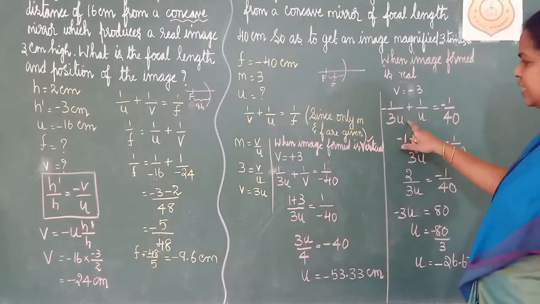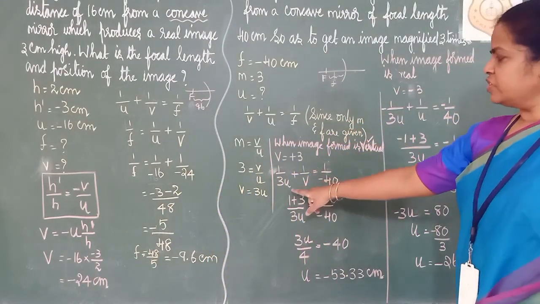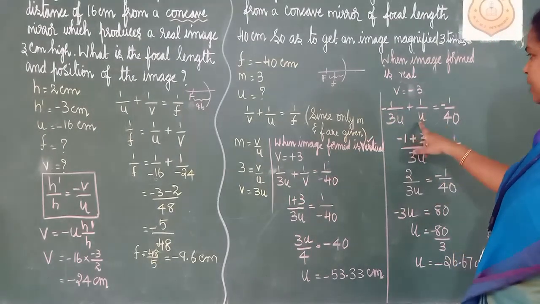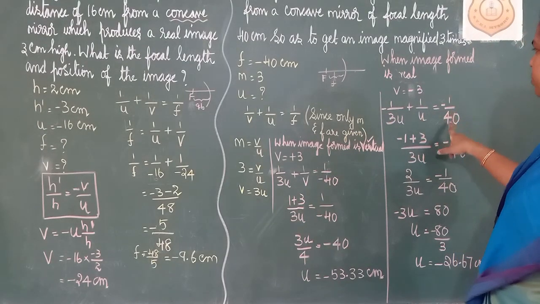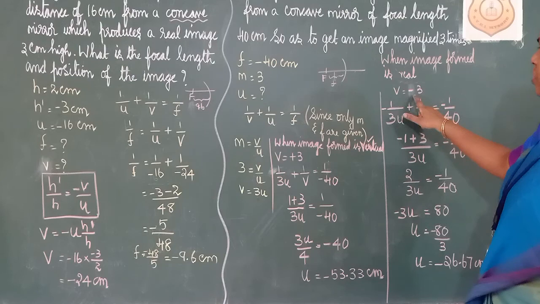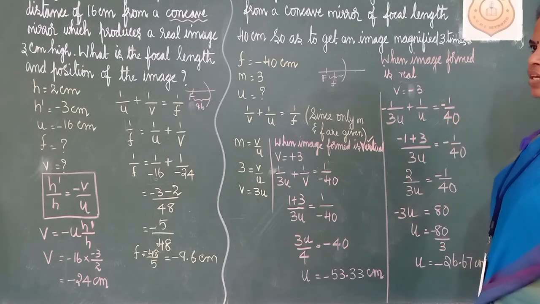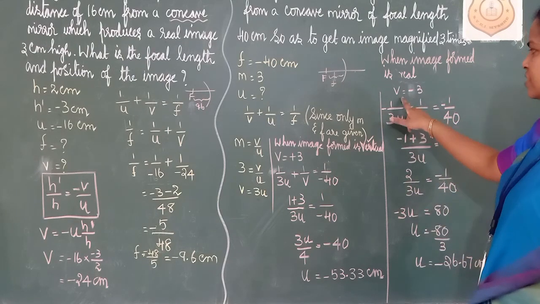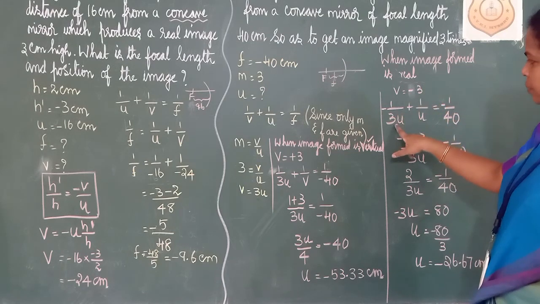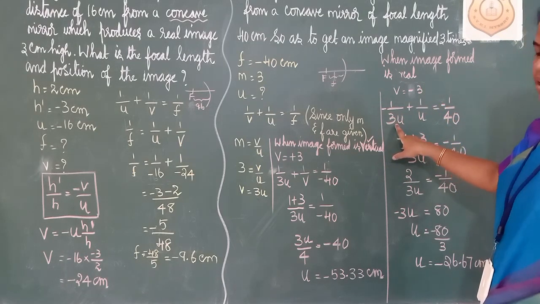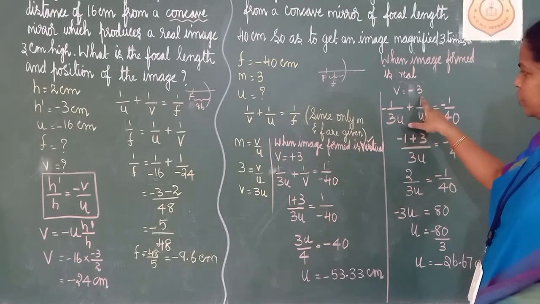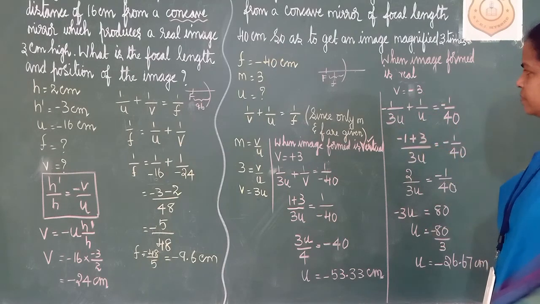Which formula have we studied? 1 by u plus 1 by v is equal to 1 by f. V is equal to minus 3 we have taken, so in the place of v, listen carefully, we should put minus 3.